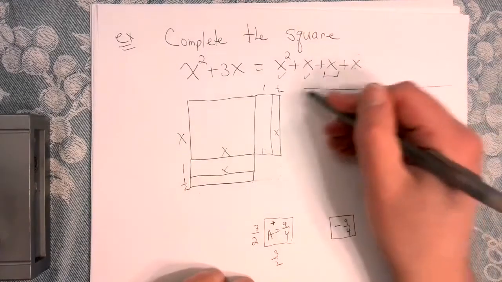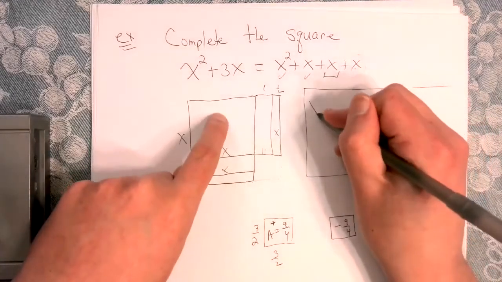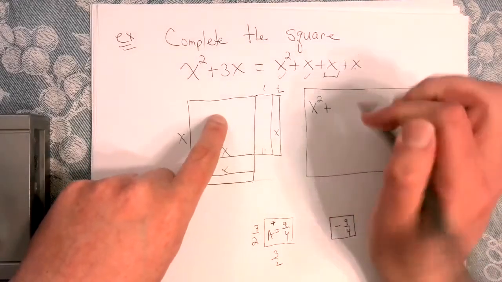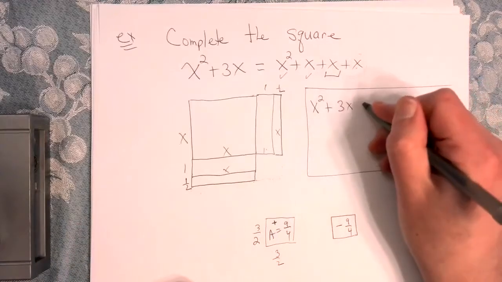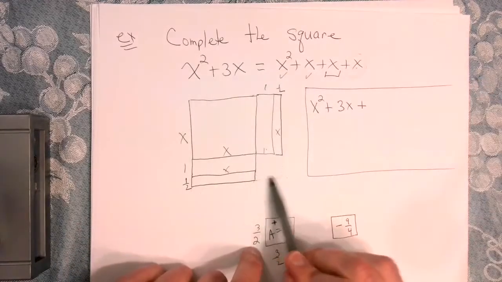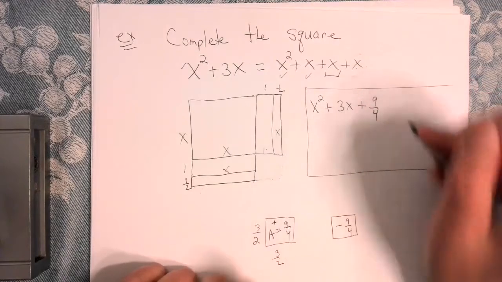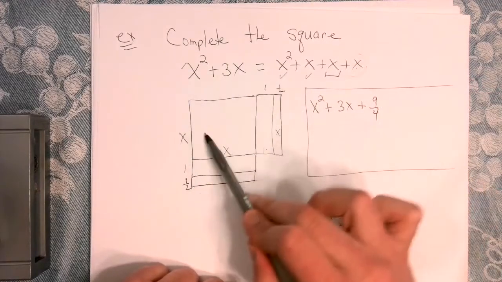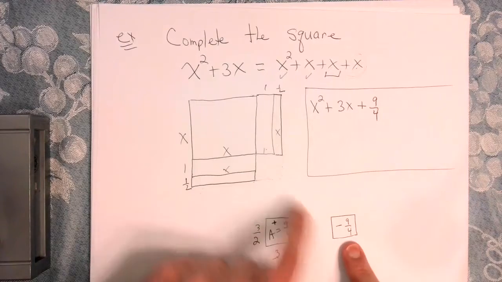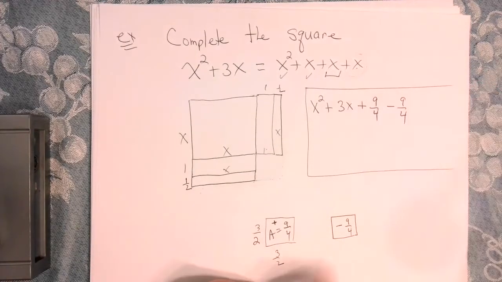So how do I say that? So I've got x squared plus 1, 2, 3x plus this, which has area 9/4. And for balance, so this would represent the completed square, but we said for balance, we also need a minus 9/4 here.